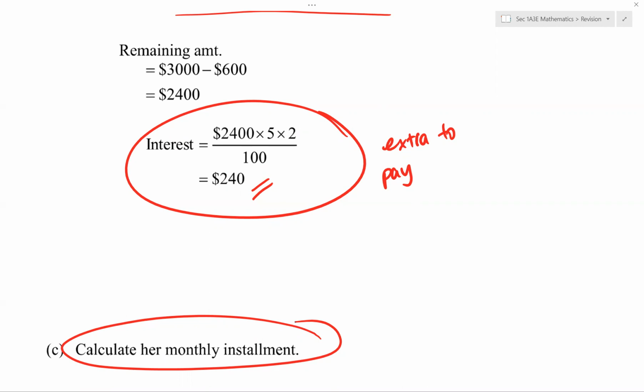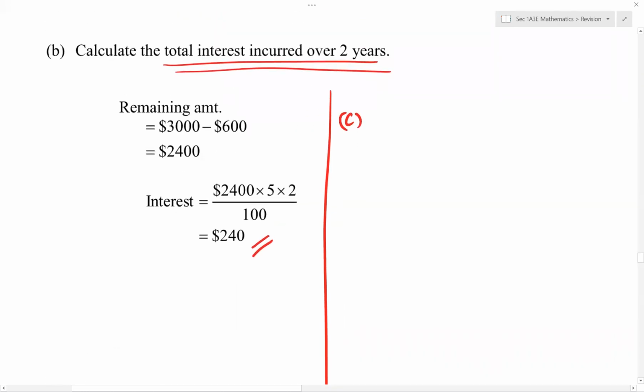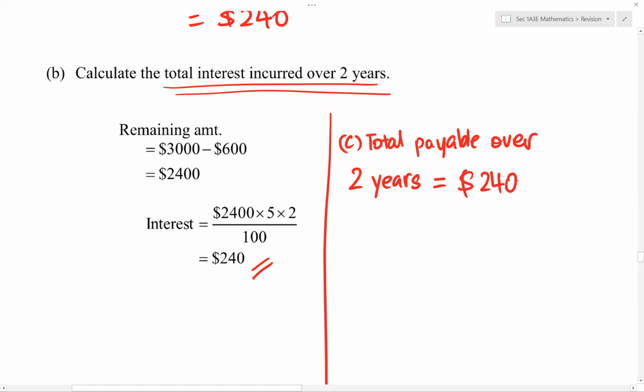So a few ways that you can do it, but it will still end up being the correct answer if your working is correct. So I'm just going to do part C over here on the right hand side. Total payable over 2 years. How much does she have to pay over 2 years? 2,400.